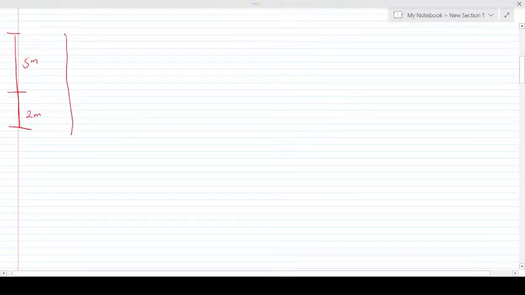So at z equals 0 meters, we had our pressure to be 0. Now at z equals 5 meters, we had our pressure to be 57.6895. So let's say here. Then at z equals 7 meters, we had 89.90. So let's say here. So we're drawing this to this, then we're drawing this to this.